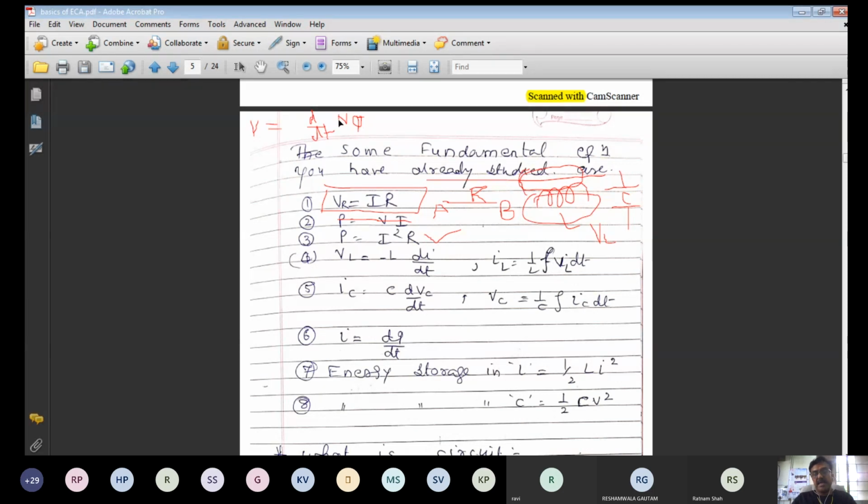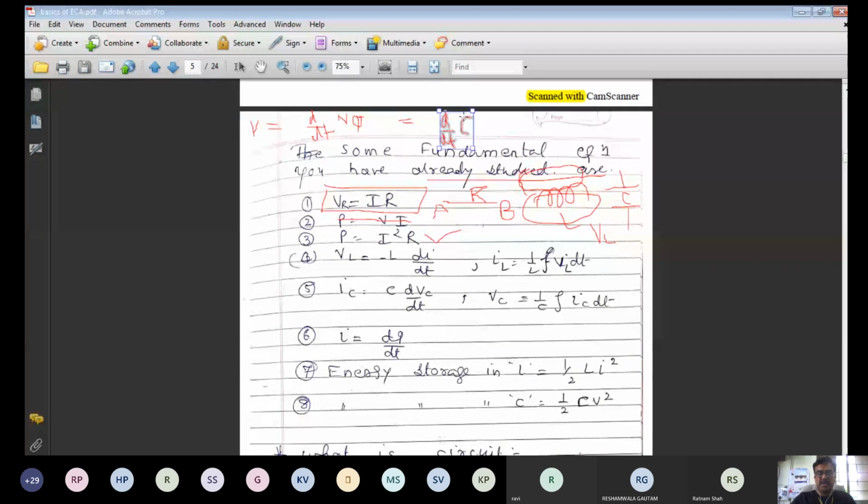Now we know that N phi is equal to L into I, so we can substitute: N phi is equal to Li.